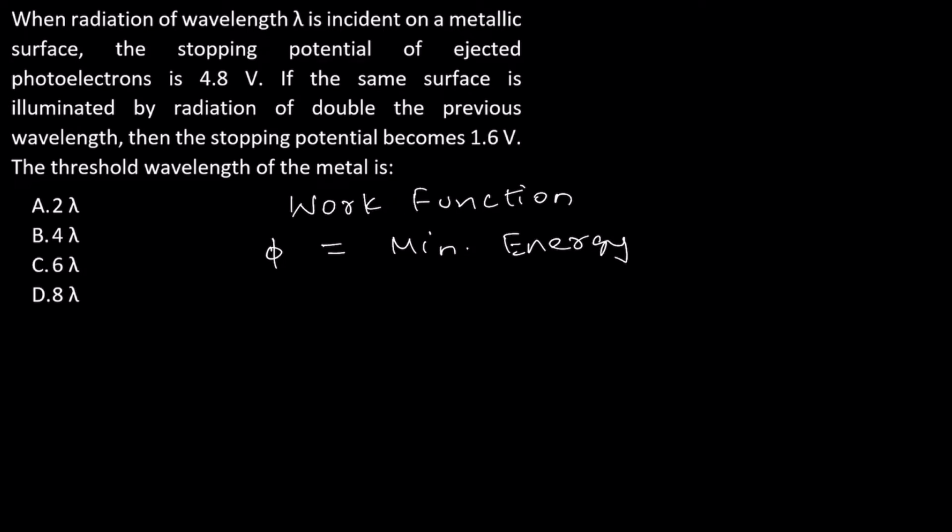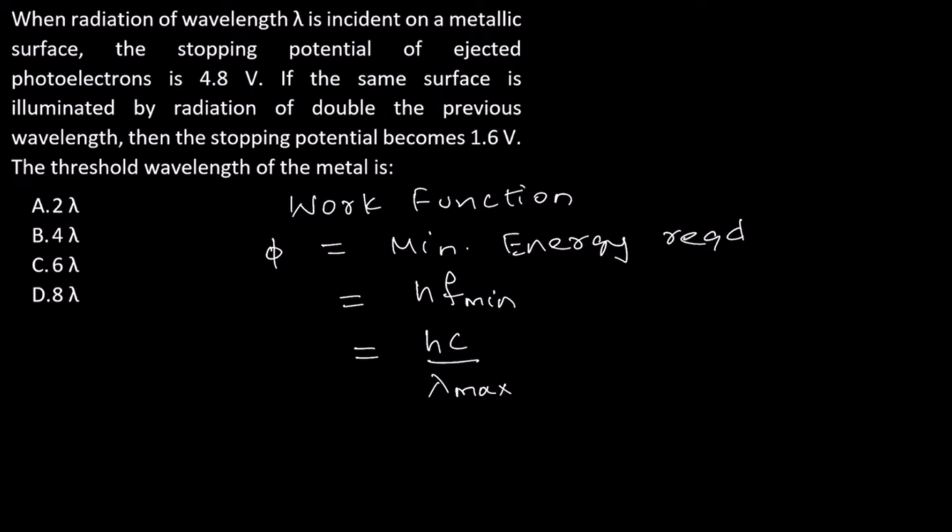It will not have any kinetic energy with it. So the minimum energy photon can be written as h into frequency minimum. If frequency is minimum, then the wavelength of the photon is maximum, right? So hc by lambda max. This lambda max is what we need to find here.